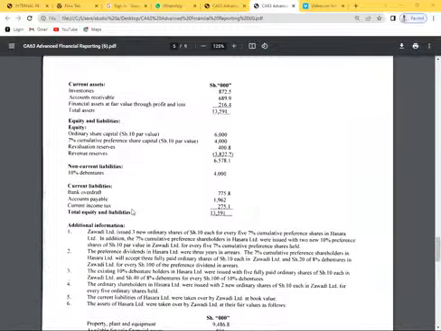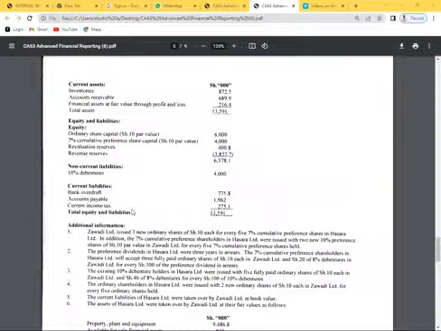I can see payables. From there, I'm able to see the current income tax. And then I have the total equity and liabilities.